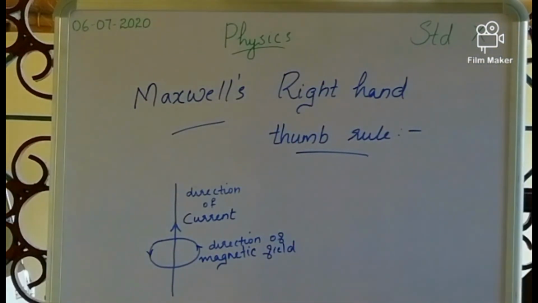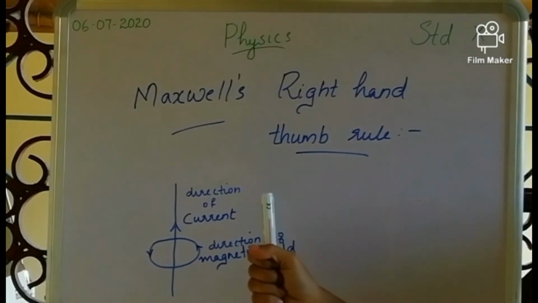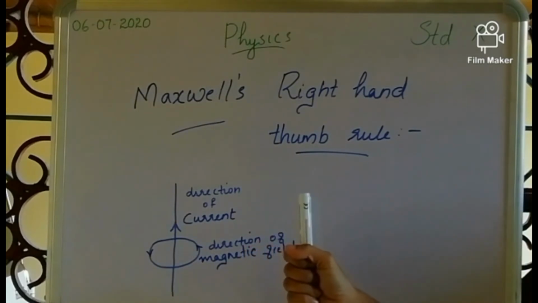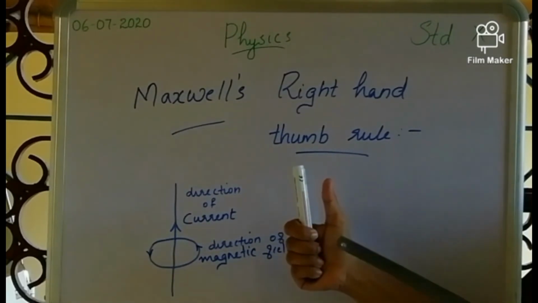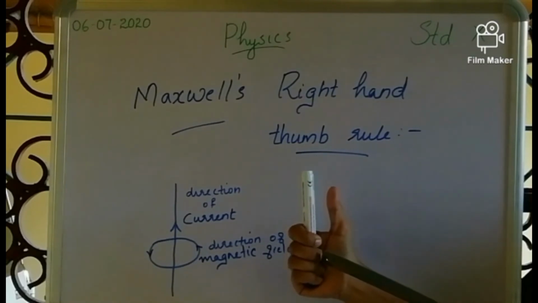According to Maxwell's right hand thumb rule, imagine that you are holding a current carrying wire in your right hand so that your thumb points in the direction of the current. Then the direction in which the fingers encircle the conductor gives the direction of the magnetic field.